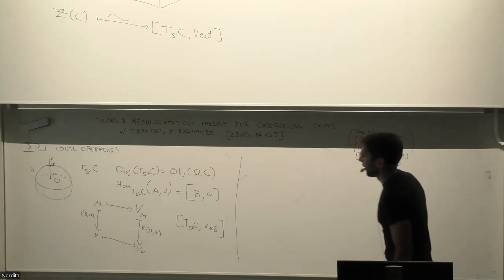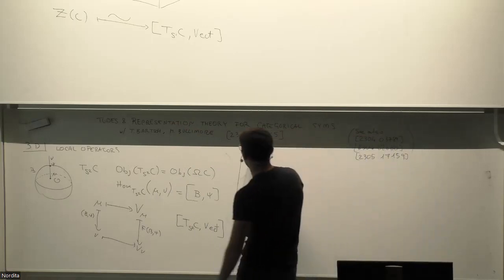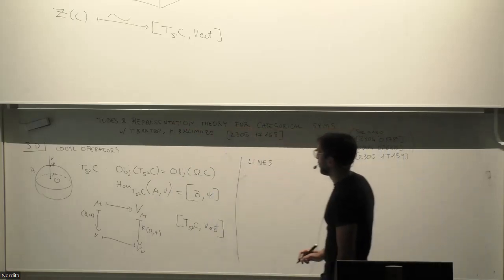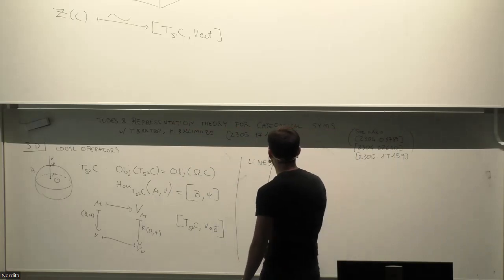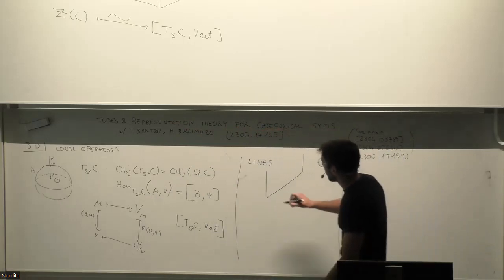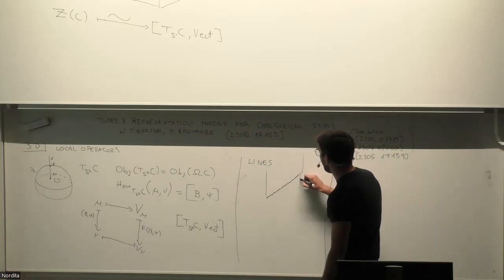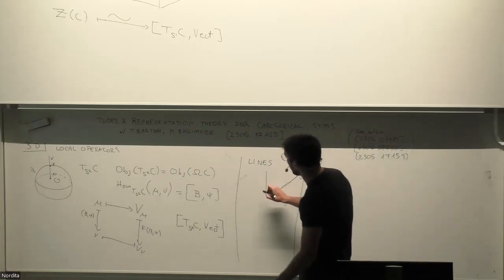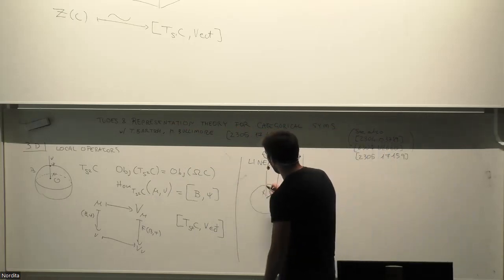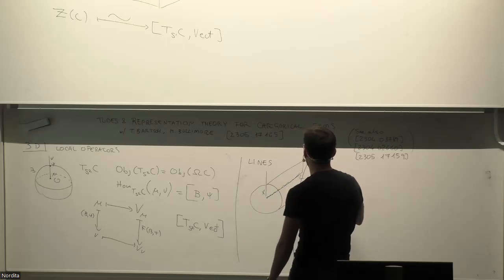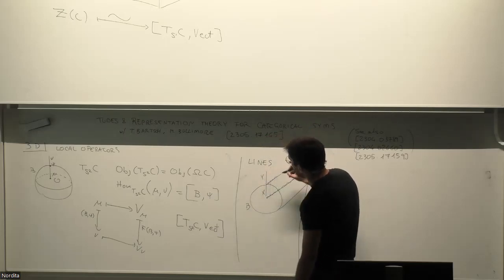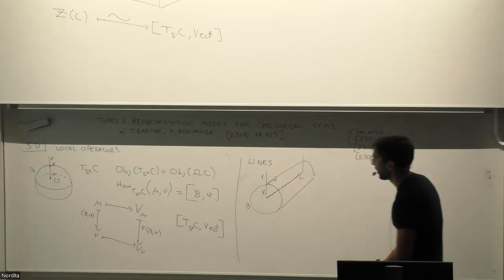Now, we have to worry about some other kind of operators, which are extended ones in the three-dimensional world. So in this case, the picture we have to draw is slightly different, but again, I'm gonna hold all the information. So we can start from a line, let me call it L, which might be twisted, so lives in a twisted sector X. And we might wonder that there is an action, a wrapping action, with respect to some other defect, let me call it E again, Y. And now the junction is resolved by some line.